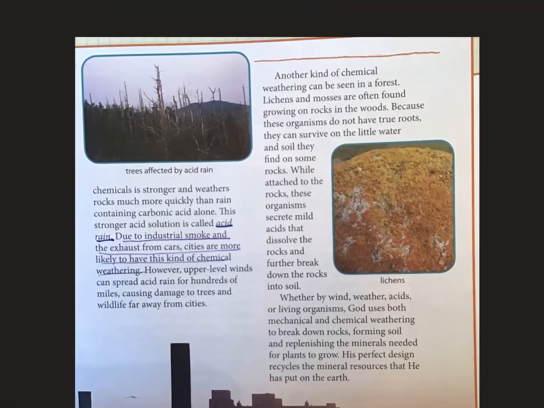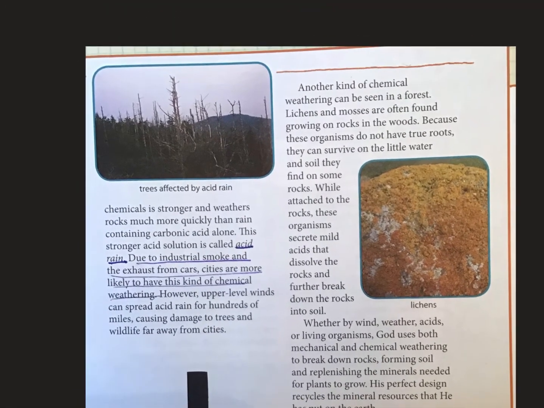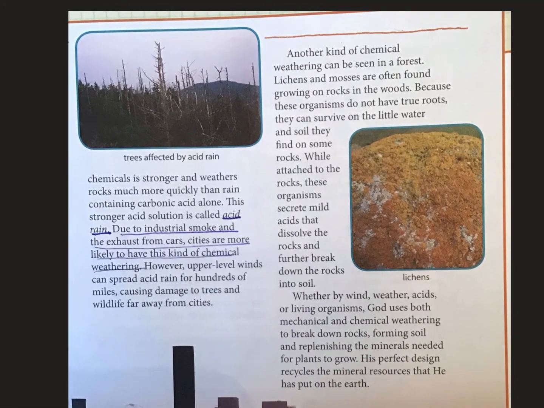Now, looking over to the next page, I have this underlined already. It's important. You can see the effect on trees up here that have been affected by acid rain. So the stronger acid is called acid rain. Industries produce smoke, and cars produce exhaust, especially when you live in a city, so there are a lot more chemicals in the atmosphere and you're more likely to have this kind of chemical weathering.